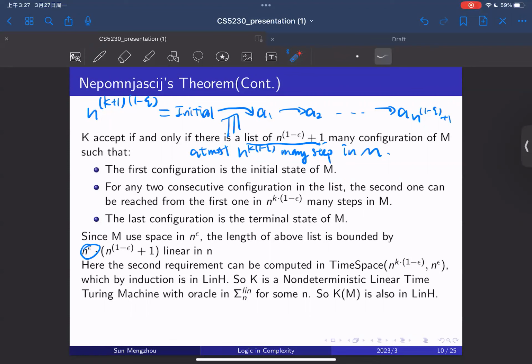So by induction, this computation is in the linear hierarchy. So K is a non-deterministic linear time Turing machine with the oracle with this computation. This computation is in the linear hierarchy means that this computation is in sigma_n linear for some n. So this K or M is also in the linear hierarchy.